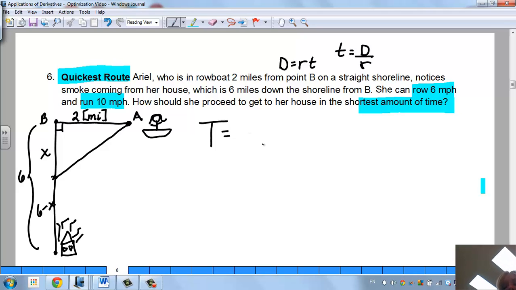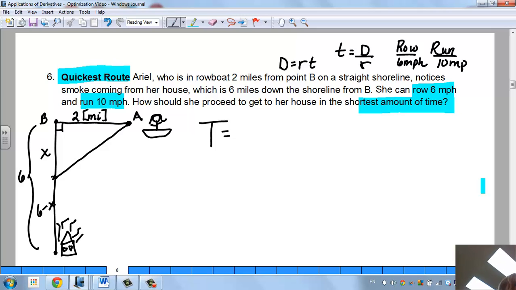So I'm going to have 2 legs, distance over the rate plus distance over the rate. Her rate for rowing is 6 miles per hour, and for running is 10 miles per hour. So that's our rate.